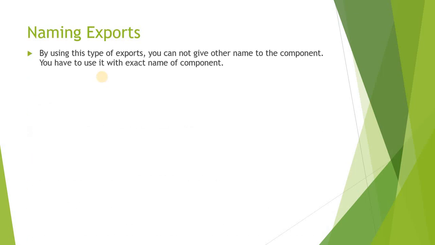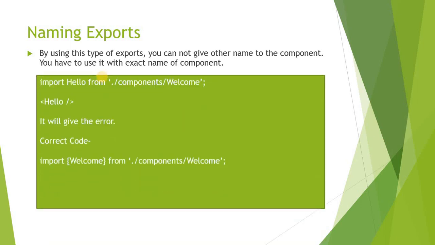The second one is the named export. With named exports, you are forced to use the exact name of the component. In this type of export, you cannot give another name to the component. You have to use it with the exact name of the component.